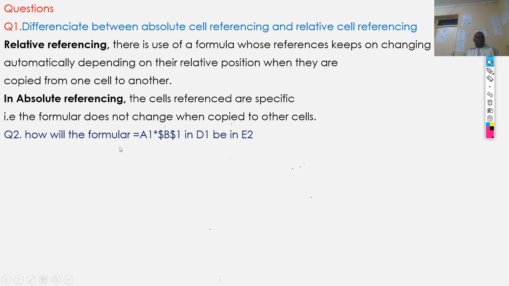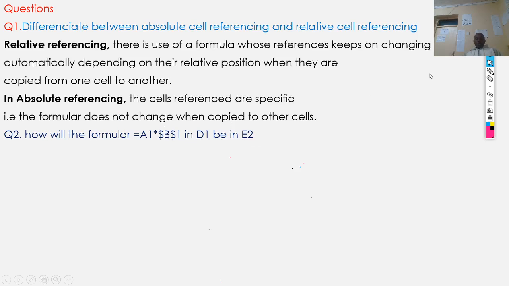Question number 2, this is what I wanted us to learn specifically: how will the formula equals to A1 times $B$1 in D1 be in E2?